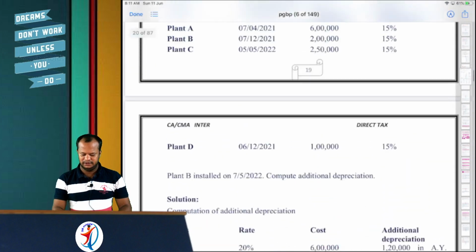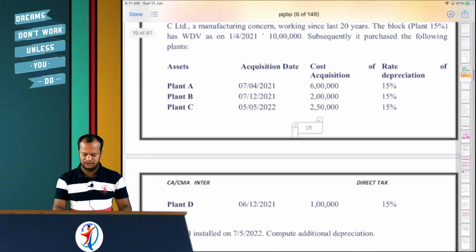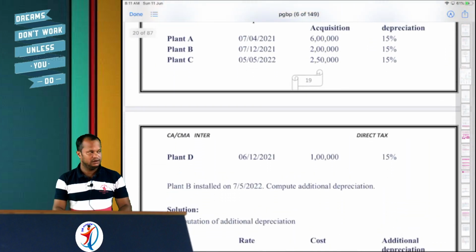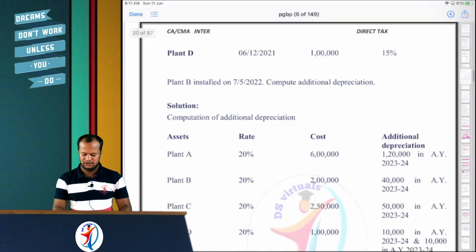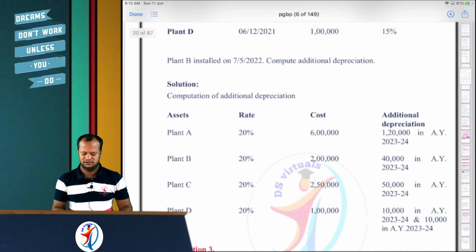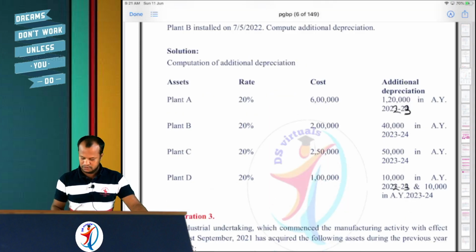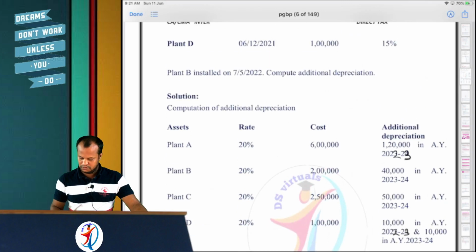Plant B acquired 7th December 2021, but it is installed 7th May 2022. Kindly rectify the date.